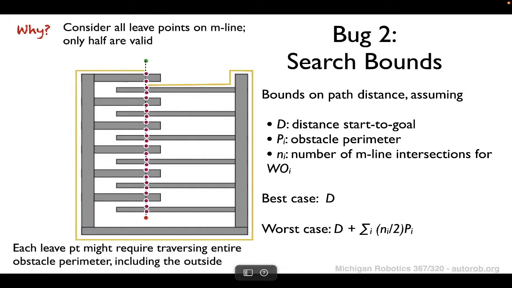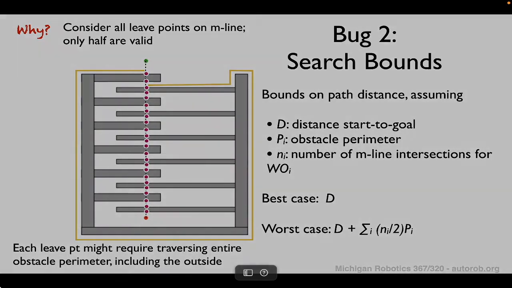If we look at why this ends up being the worst case, this algorithm is going to have to consider all of the leave points on the m-line, where only half of them are valid. That's where the n over 2 factor comes in. Each leave point might ultimately require traversing the entire obstacle perimeter, and that's where the obstacle perimeters are incorporated in the worst case calculation.